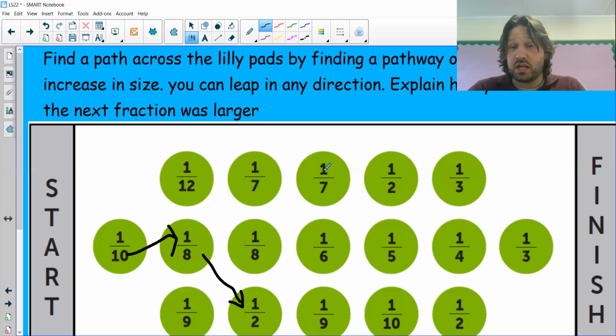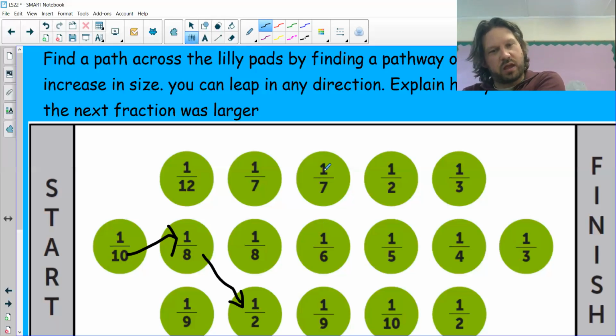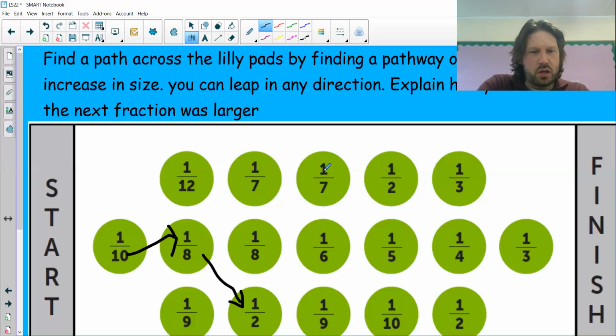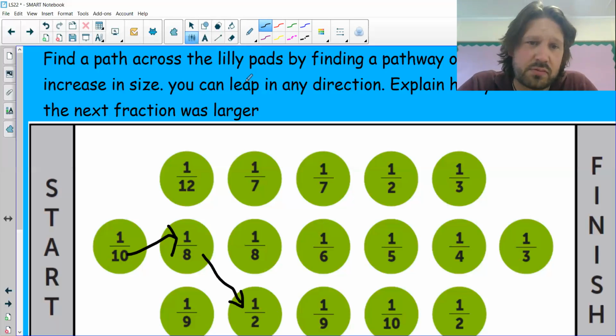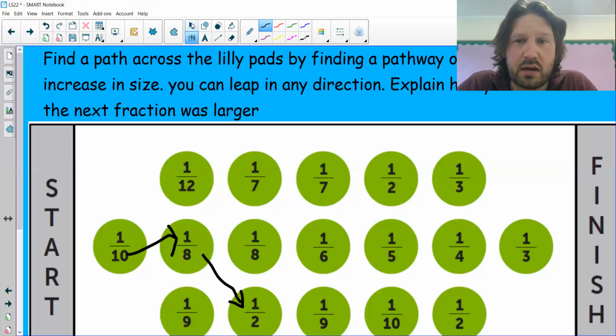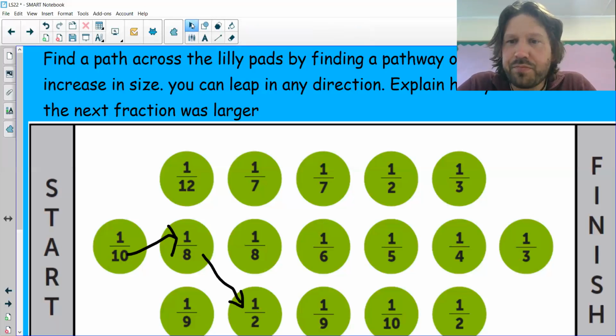So we've got to think smart. We've got to think logically, we've got to get all the way over to the finish line, okay? So you can play this game with counters, or you could just do your arrows. It's entirely up to you. But I will leave this game again on the Google Drive, so you can have a go at that.